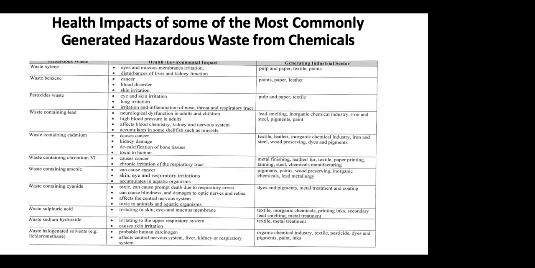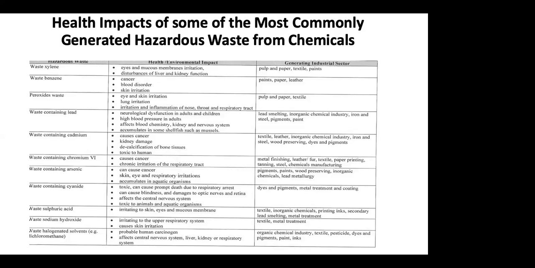Let's say waste containing arsenic. Arsenic is a metal, right? It's considered a heavy metal, right? So when you have waste that contains arsenic, what do you expect? What are the environmental or health impacts of waste arsenic? It says carcinogenic. It's an irritant to skin, eye, and even the respiratory system.